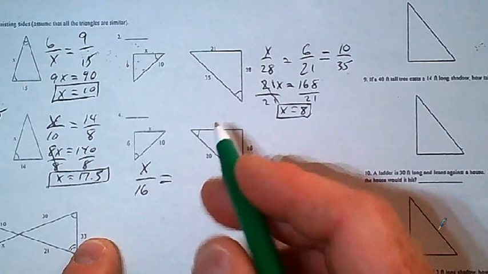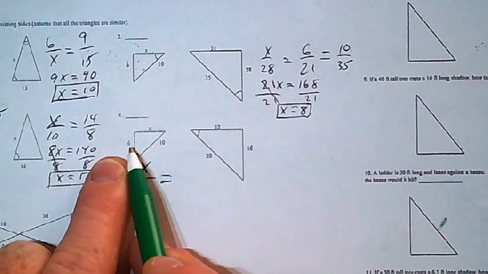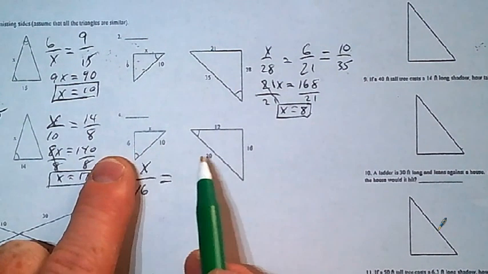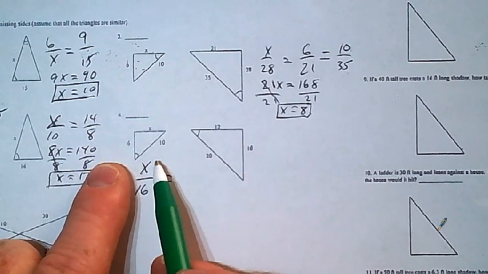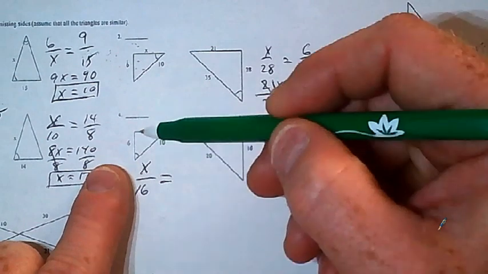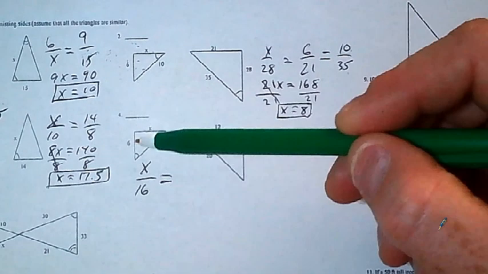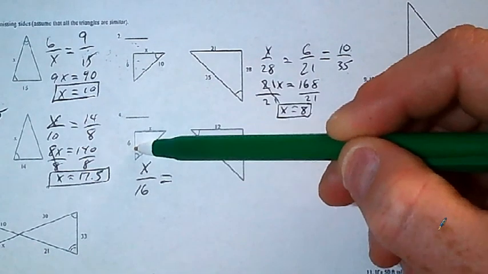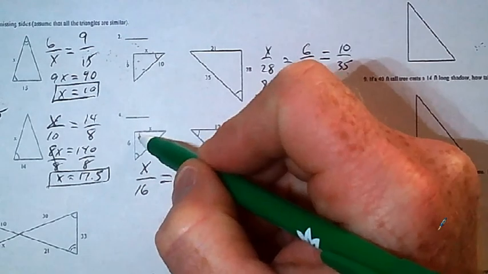Now, then you got to be careful. Am I going to use 6 and 20 or 6 and 12? 6 and what? 12. Think about it like a map. If this 6 runs into the side with x, it makes almost a right angle, right? Well, which side over here makes a right angle?